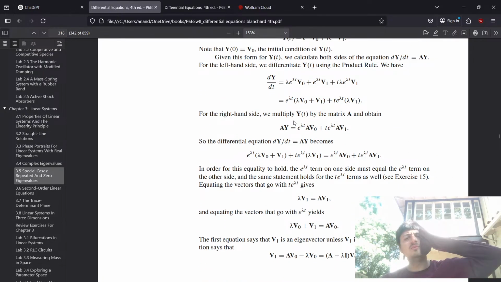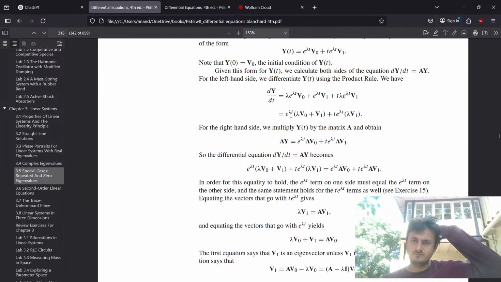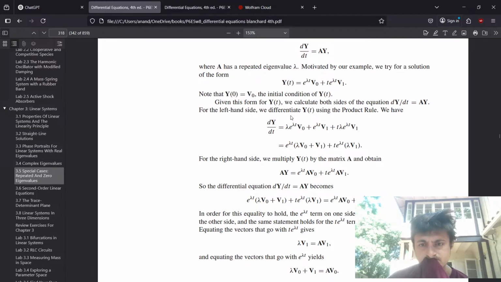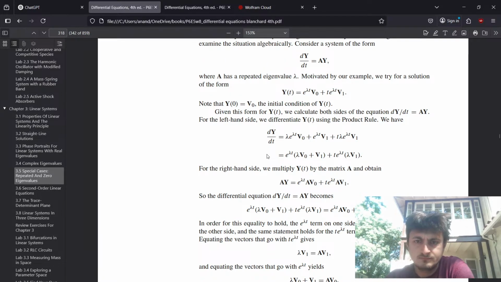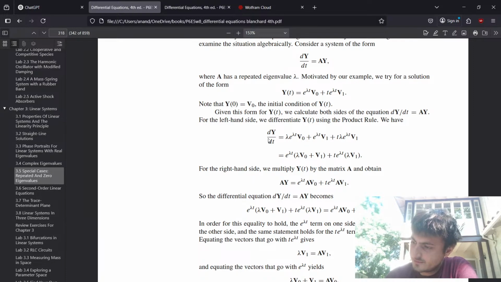For the right-hand side, we multiply y of t by the matrix. Okay, this is the left-hand side. Then the right-hand side is A times y, and y is equal to... Oh, yeah. Okay, so this is actually not that hard.